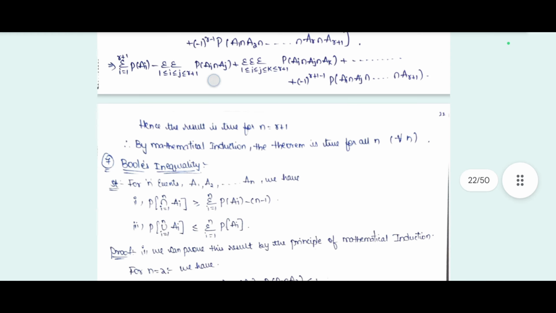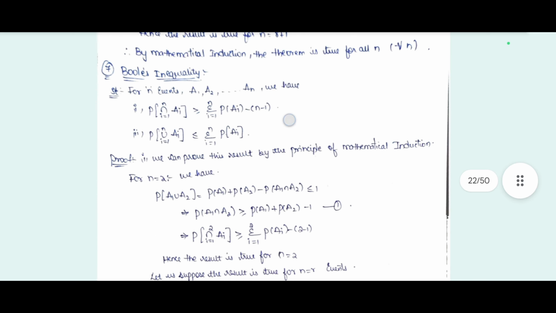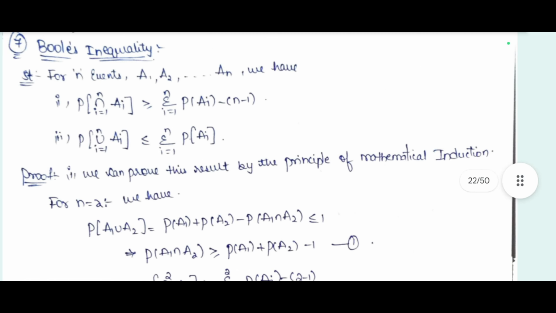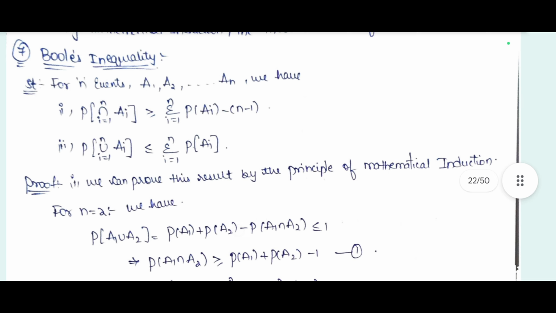Okay, next coming to Boole's inequality. So what is Boole's inequality? For any events A1, A2, A3 and so on, we have the theorem statements given by Boole. Very important, and we can prove this theorem by the principle of mathematical induction once again.